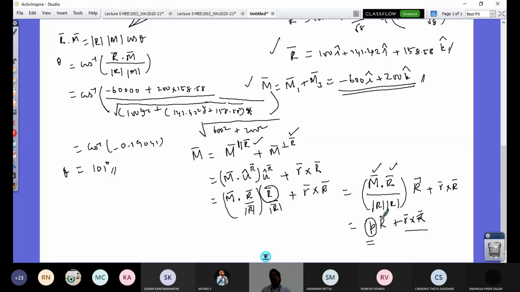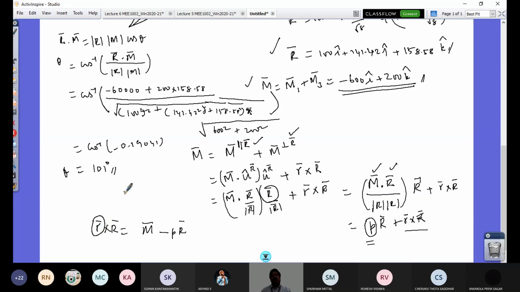If I have this in hand, I can get what is r cross r. Now it's going to be the moment vector, that is, the resultant couple vector minus pitch times the r vector. So I'll get this vector, and I can find this r vector simply by considering its position vector.